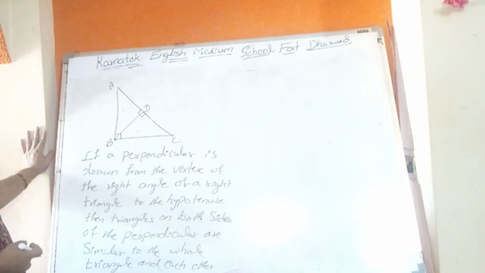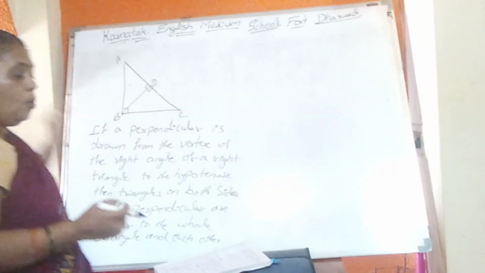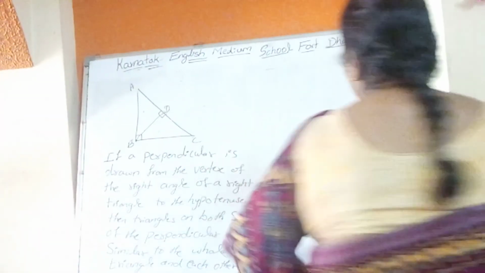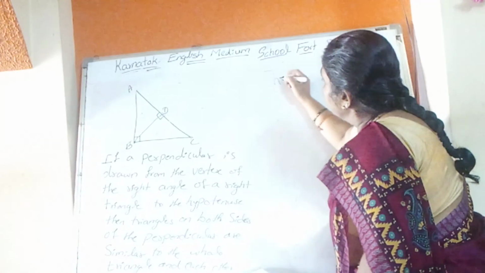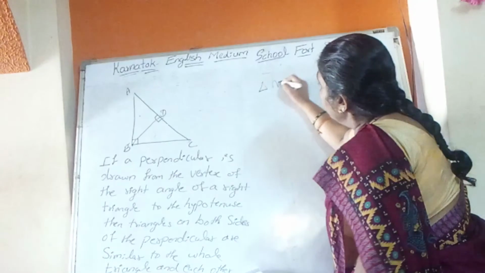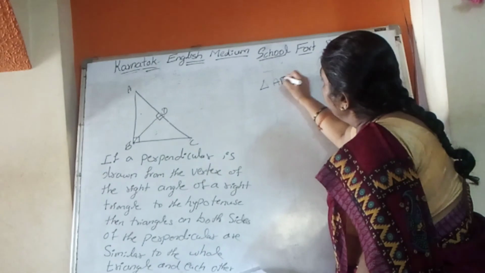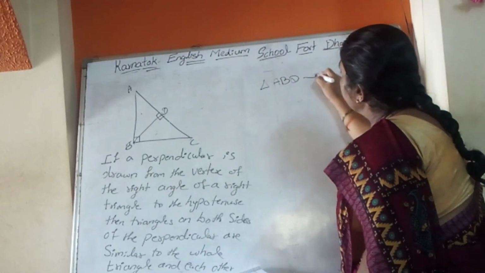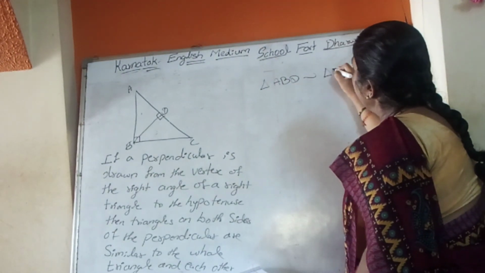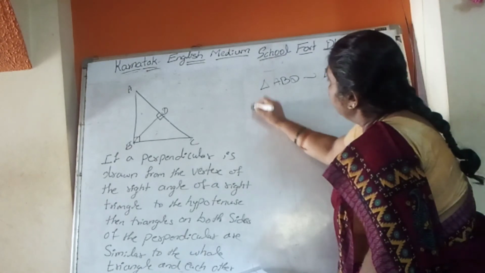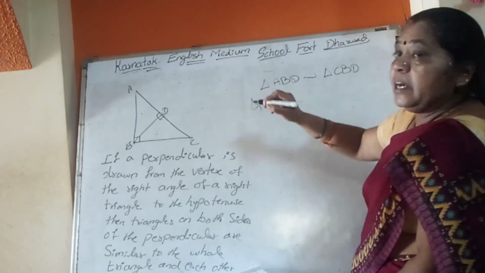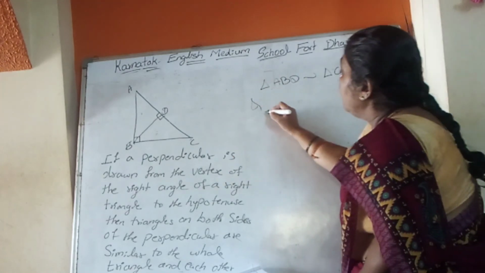This means, how can you write this? See, observe here. First, triangle ABD is similar to triangle CBD, and these two are similar to the whole triangle.